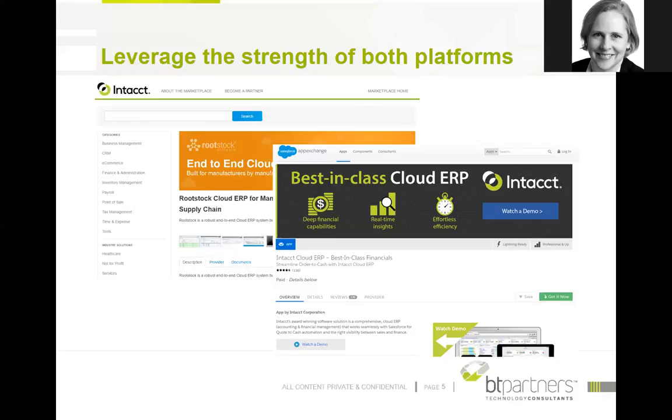So certainly worth exploring as you come into a particular opportunity is looking at potentially some more complementary apps that you may want to consider for that particular installation, either at the time of the initial implementation or later on down the track. So those two platforms working together is a pretty compelling argument for leveraging the Rootstock Intacct integration.